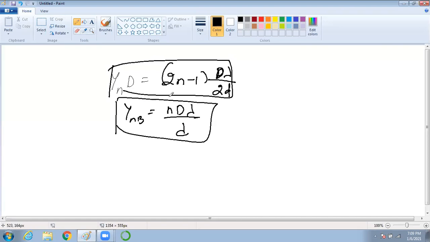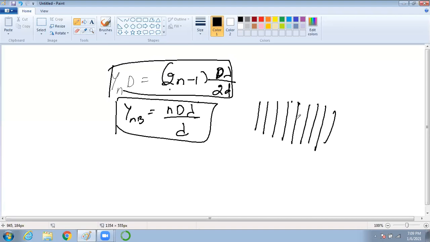Clear? So accordingly you can find out first, second, third bright fringe and dark fringe, because in interference you will get multiple bright and dark fringes like this. So the middle one will be the maxima, and this is the first maxima, second maxima, third maxima.